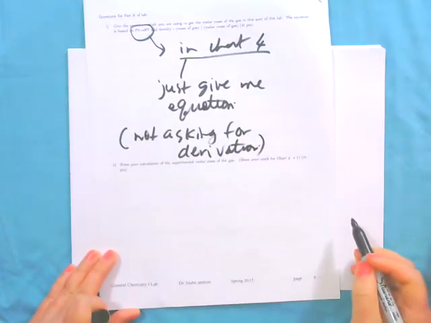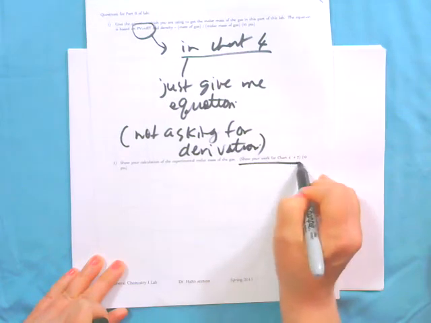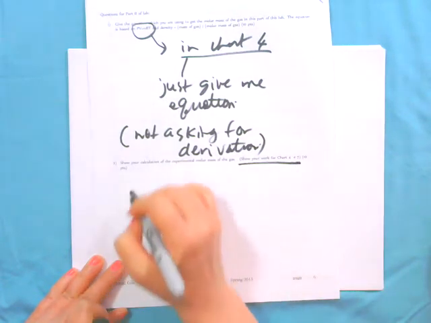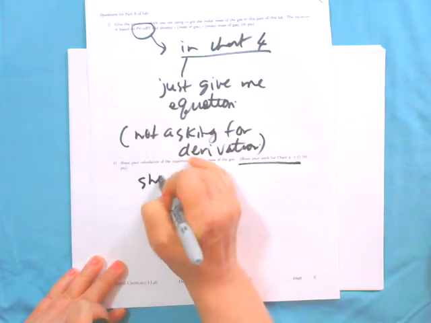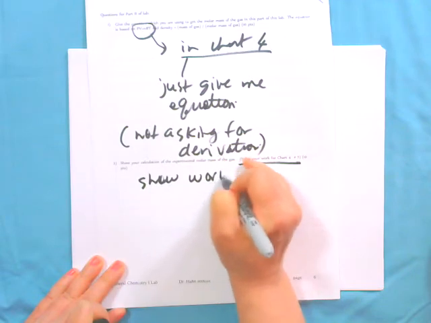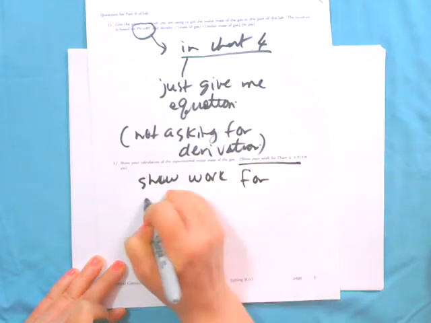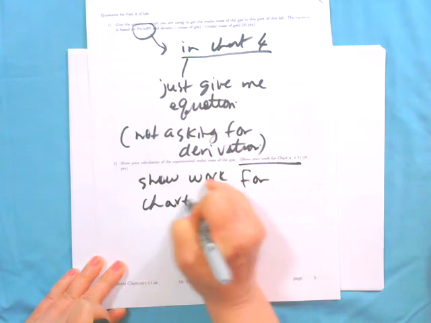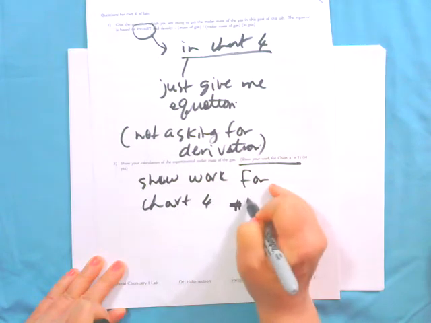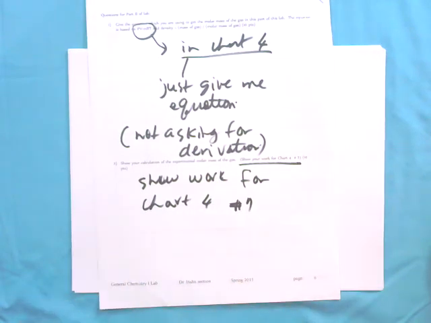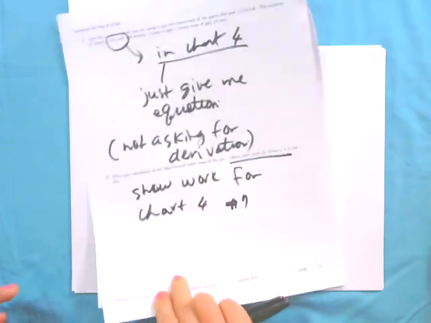Okay, so in part 2, I want you to show your work for chart 4, number 7. And where is chart 4, number 7? Chart 4, number 7 is right here.